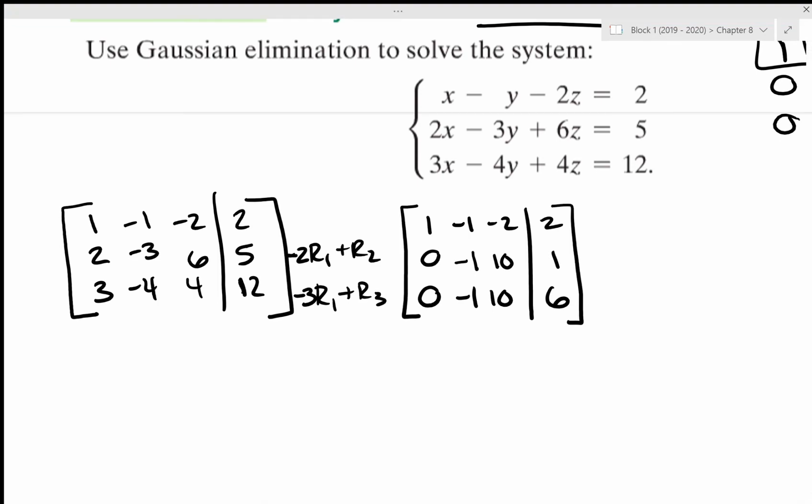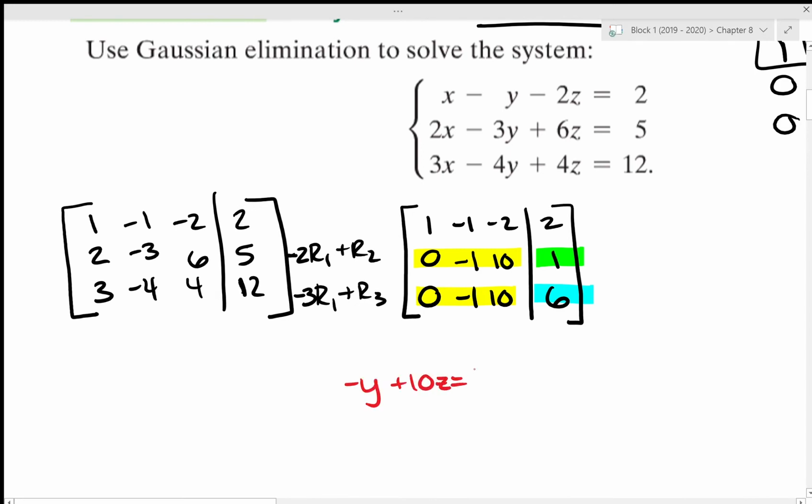Okay? Now, real quick, I just want you to notice this. Rows 2 and 3 have all of that in common, right? However, this is where things start to change. Think about it as them saying negative y plus 10z equals 1, but it also equals 6.